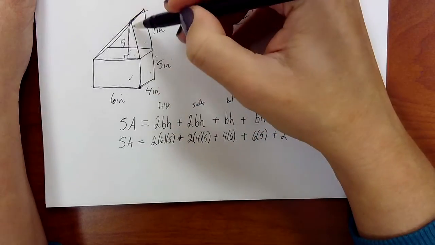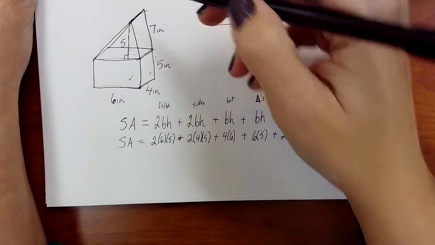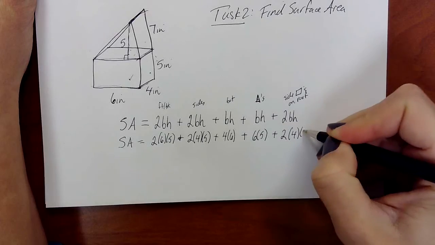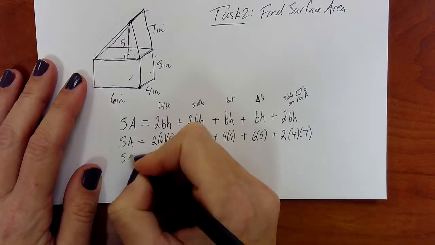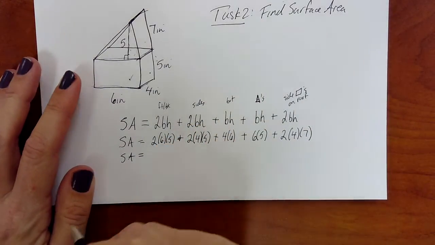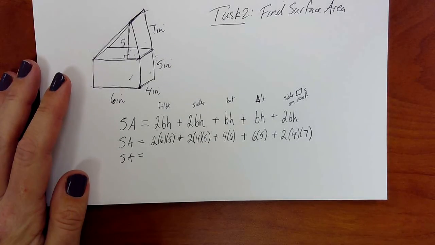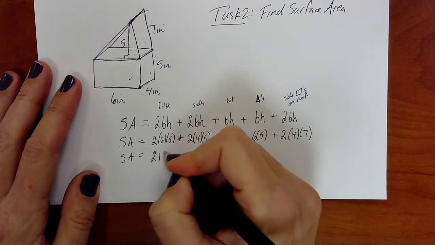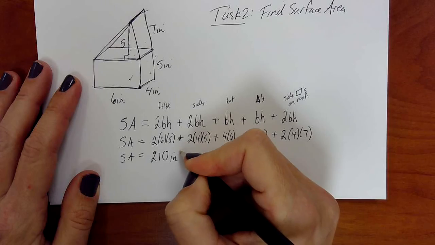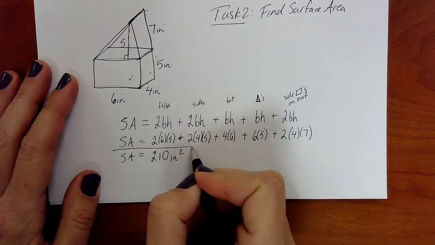And the side rectangles are 4 by 7. Okay, let's see what that gives us. I think if you type all that in, you get 210 inches squared.